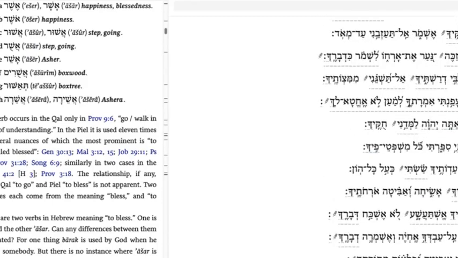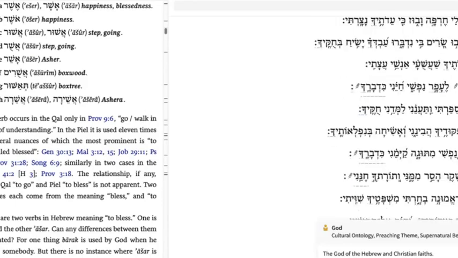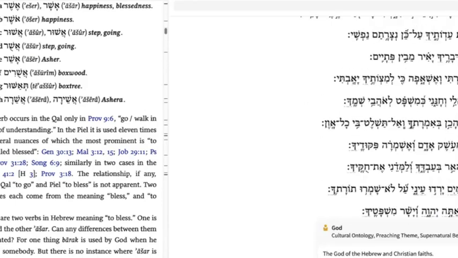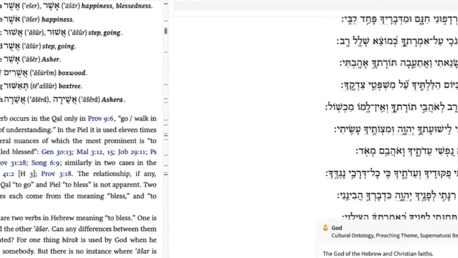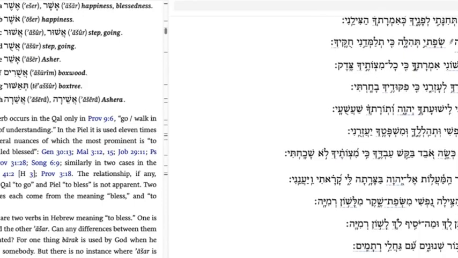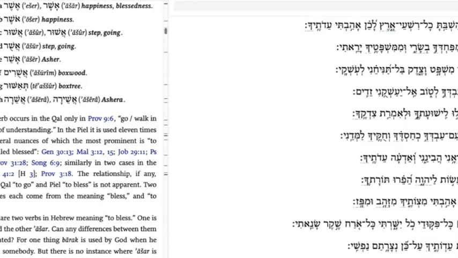Then we come to verses 9 through 16. Every one begins with a bet. Bet, bet, bet, bet. That's called an acrostic. And it goes all the way through the Hebrew alphabet, all the way to the end. So if you want to learn the Hebrew alphabet, just go read Psalm 119 in a study Bible.